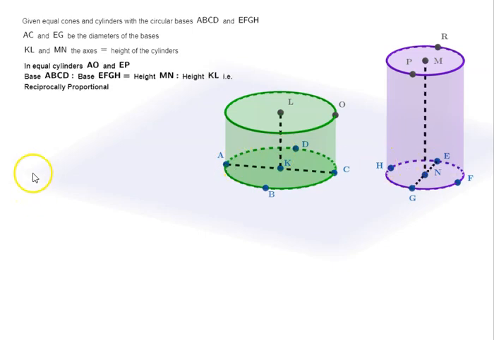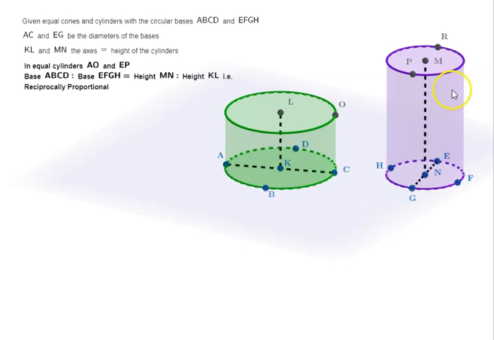What the proposition is saying is that in equal cylinders AO and EP, base ABCD is to base EFGH as height MN is to height KL. That is reciprocally proportional.